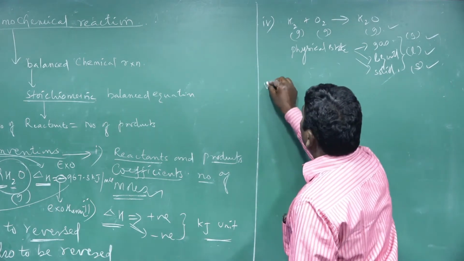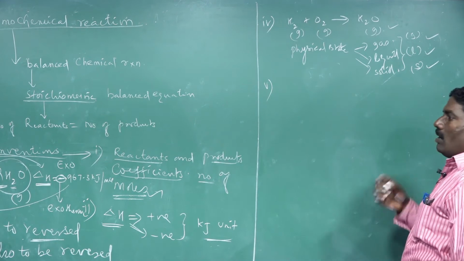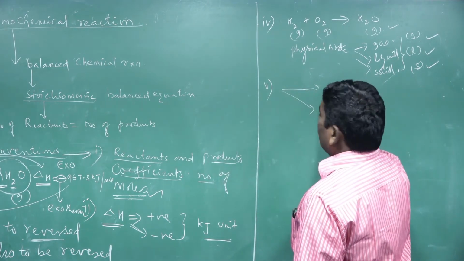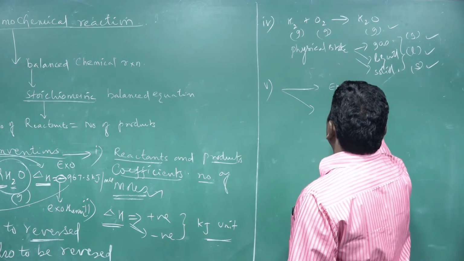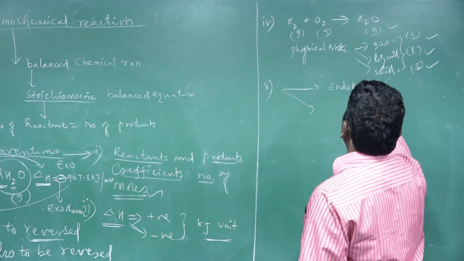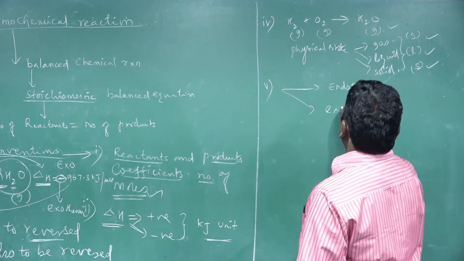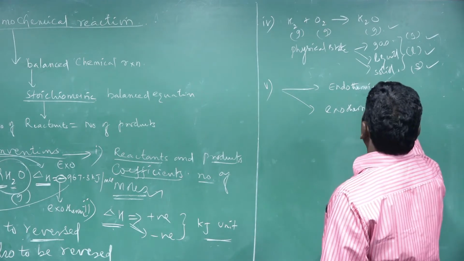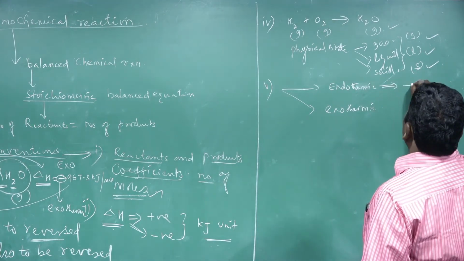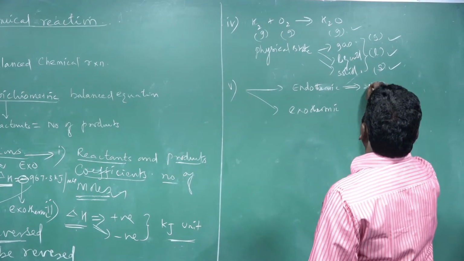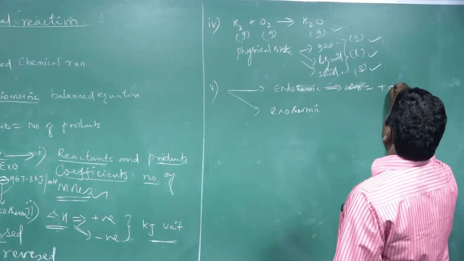The fifth point: whether the reaction is endothermic or exothermic, we can understand by knowing the sign of the delta H value. Endothermic means delta H is a positive value.